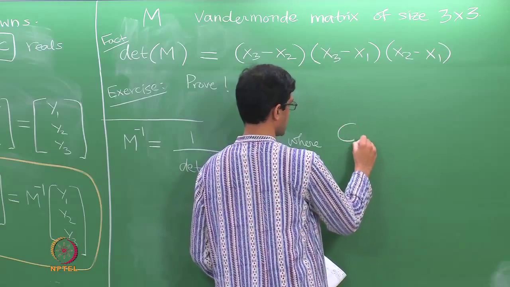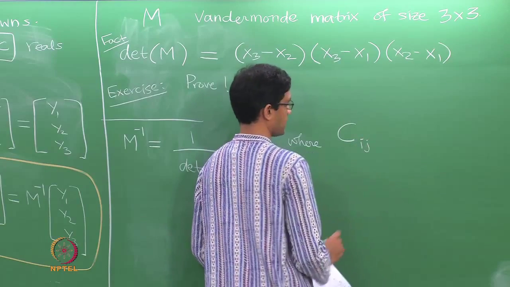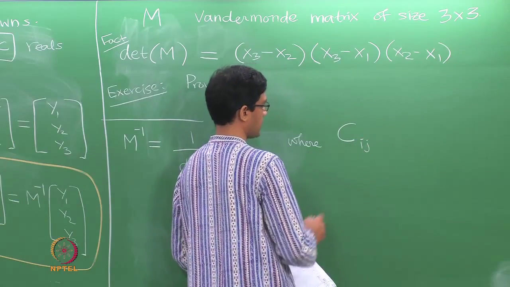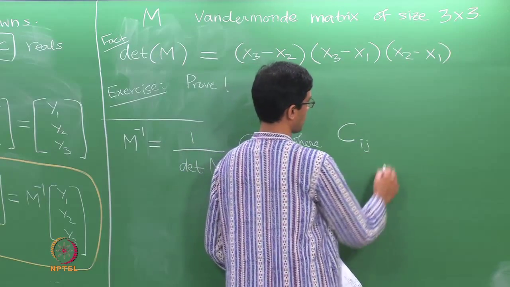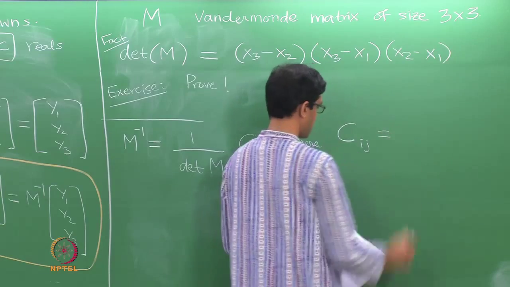You want to figure out the ijth entry of C. C is again a matrix n cross n, in this case 3 cross 3, and you want to find the ith row jth column entry of C. It's obtained as follows.